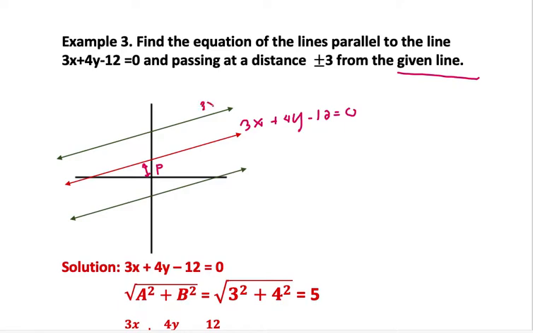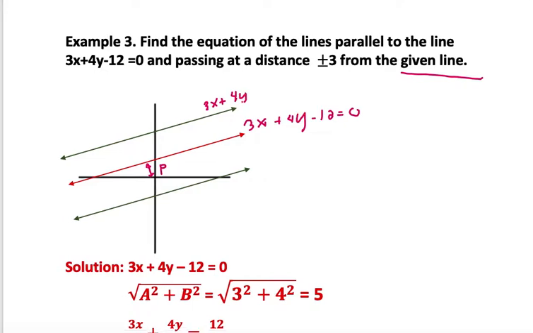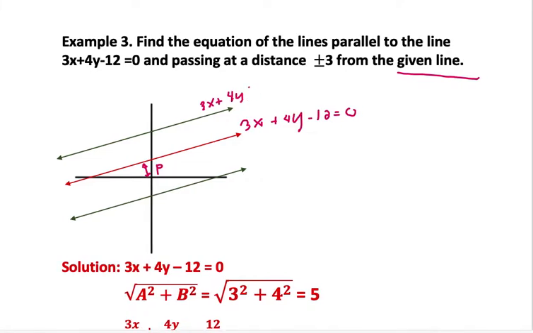So, this is 3x plus 4y plus c sub 1. Then, the lower line will be 3x plus 4y plus c sub 2.